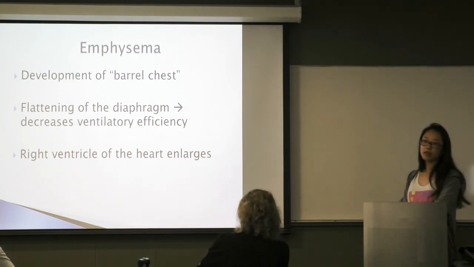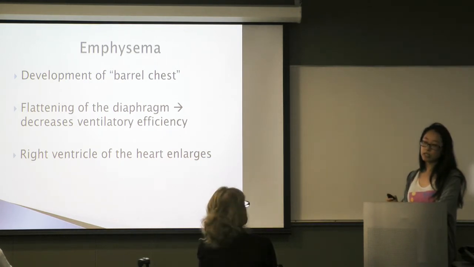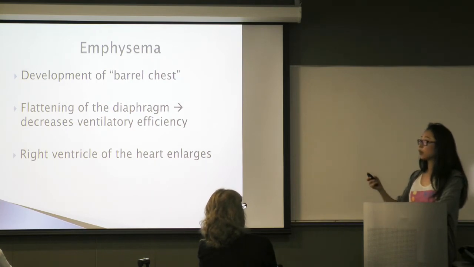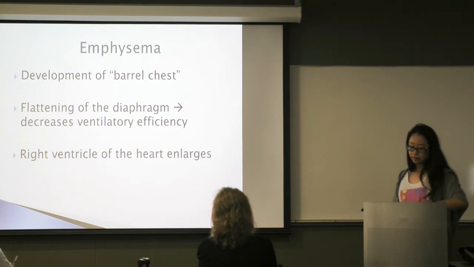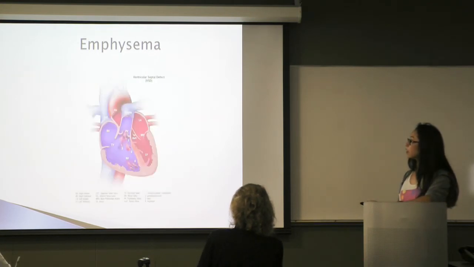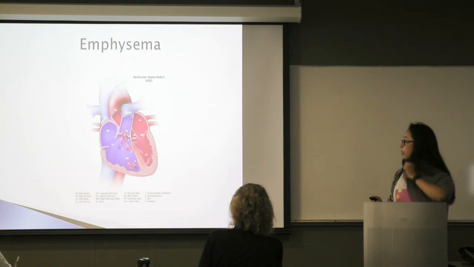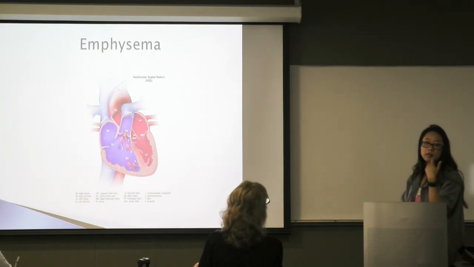And earlier when I said that the cardiovascular and respiratory systems are intimately linked, there are cardiovascular issues that may arise. There are more issues than this, the right ventricle of the heart enlarging, but I didn't include everything. This is just one example. And the reason why the right ventricle might enlarge is because there's not enough oxygen coming into the blood.